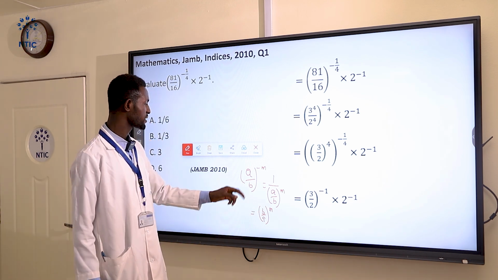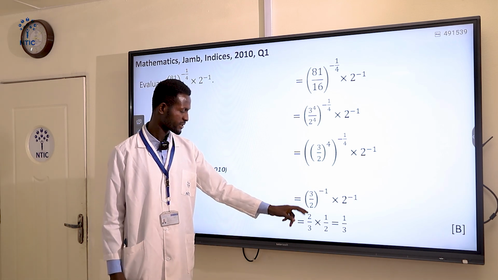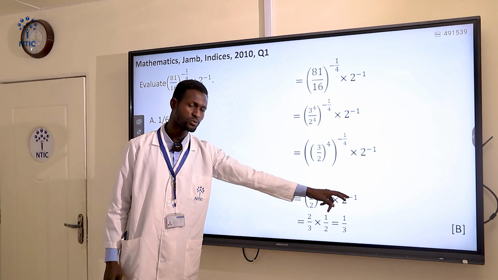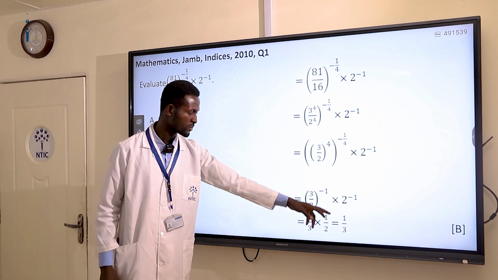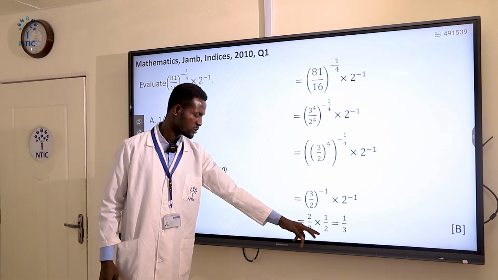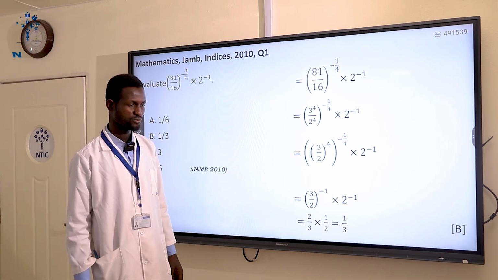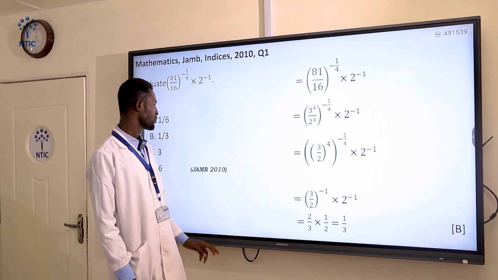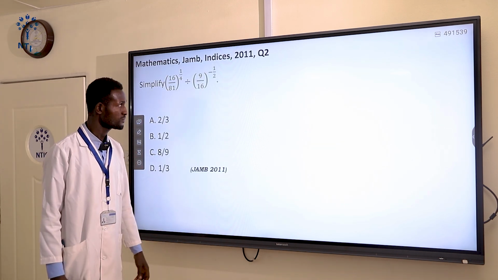So after applying this rule, we get 2 over 3, then times, we also apply the negative index law to this to get 1 over 2. So then we multiply out to get 1 over 3. So our next question is this.